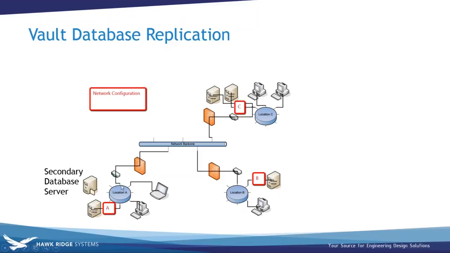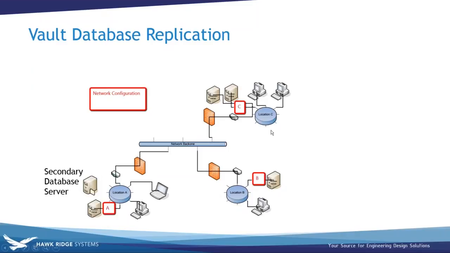Another thing that can be useful for Vault database replication is even if you have a single site that's using PDM and you've got a lot of users and there's a lot of heavy traffic to the SQL server, what you can do is do what's effectively load balancing on the server so that you can have two different database servers, one that does all of the read-only operations and one that does all of the write operations.